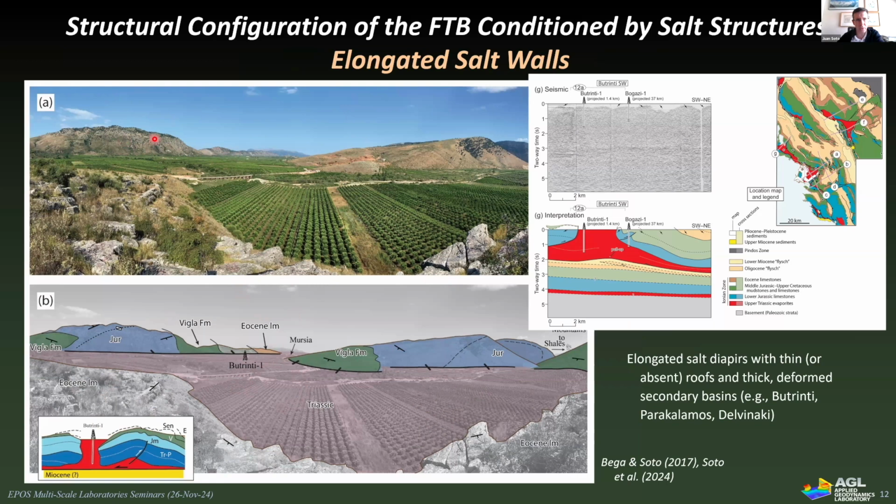And from one side to the other, you can see that the sequences are dipping against the body, against the accumulation. So also using seismic interpretation, we think that this is a salt wall, a salt plug, and the sequences are highly deformed and thicker in one flank than in the other. In some cases they are dipping against the salt wall, and we do not have a roof on top of the salt wall.